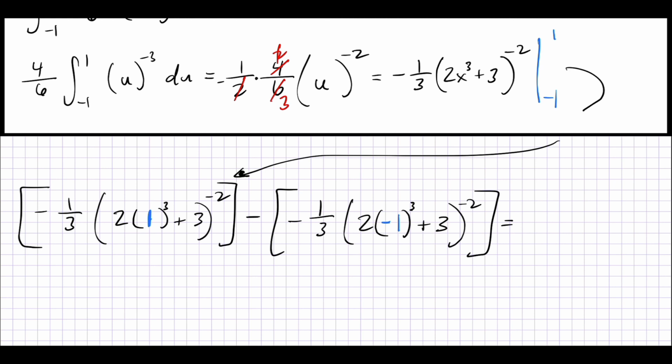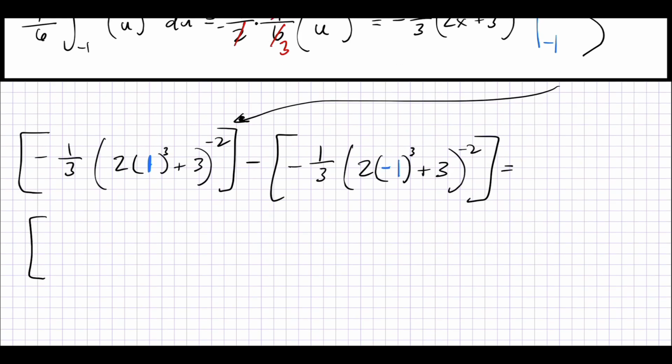Okay, so start on the inside. So 1 cubed is 1 times 2 is 2, so that's 5.